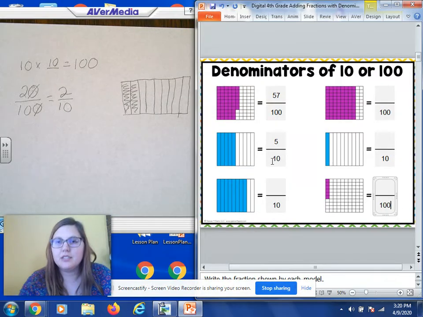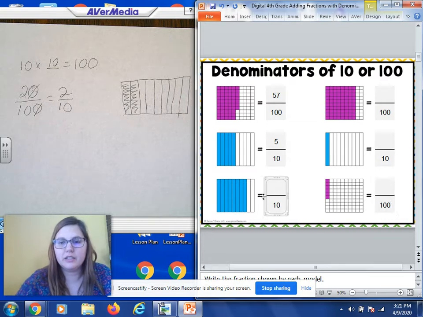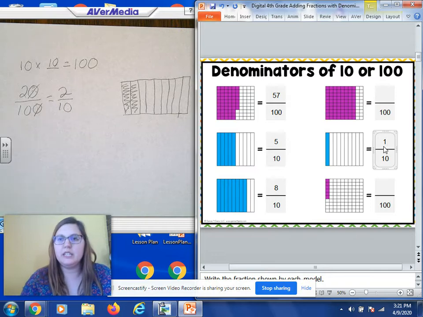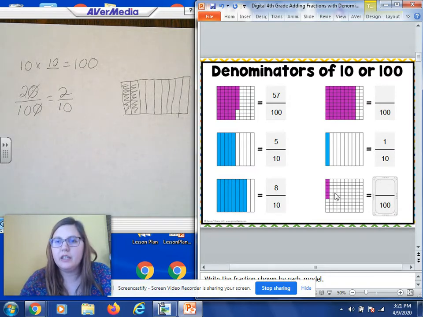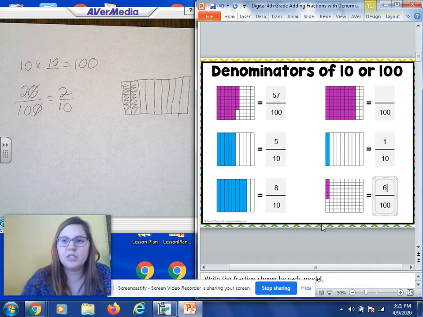All right, so I have 1, 2, 3, 4, 5, 6, 7, 8 tenths. Here I have 1 tenth. Here I have 1, 2, 3, 4, 5, 6 hundredths.